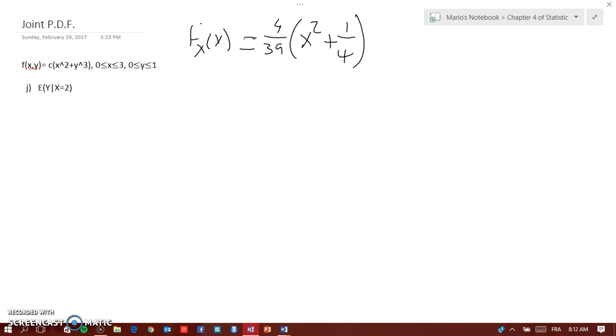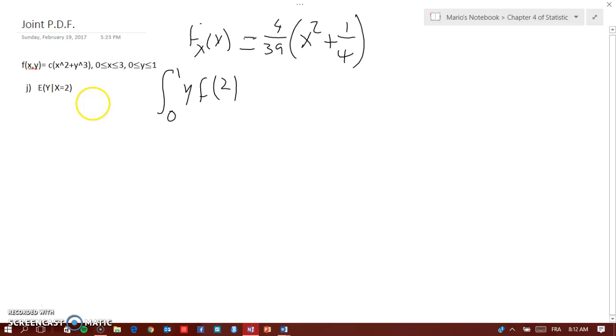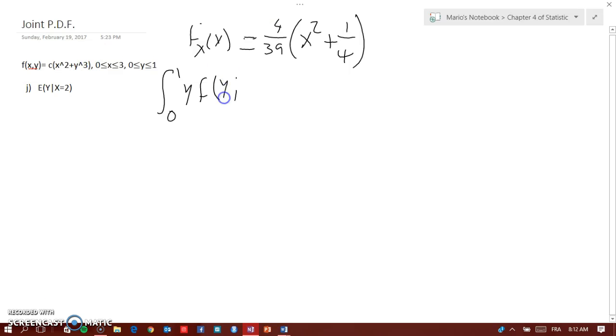This is basically telling you what is the integral from 0 to 1 of y times f of y given x equals 2.